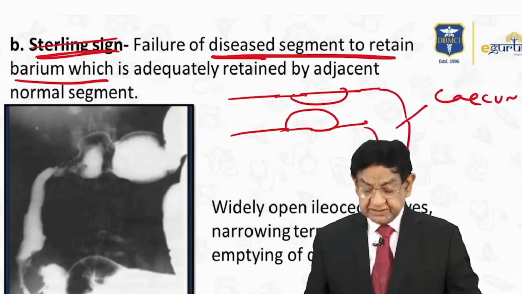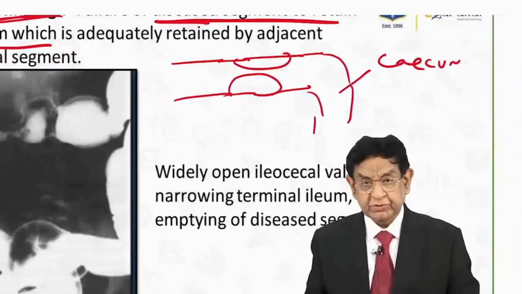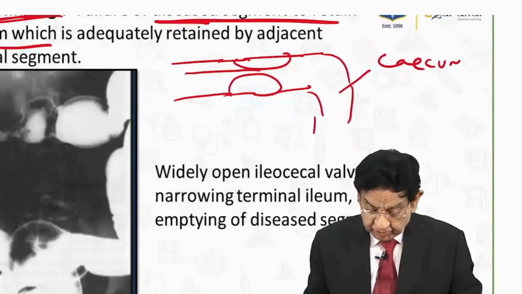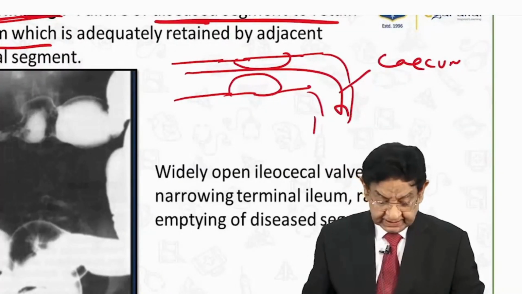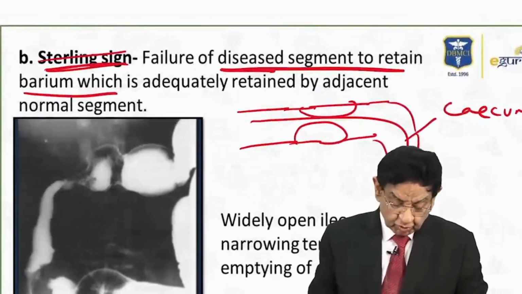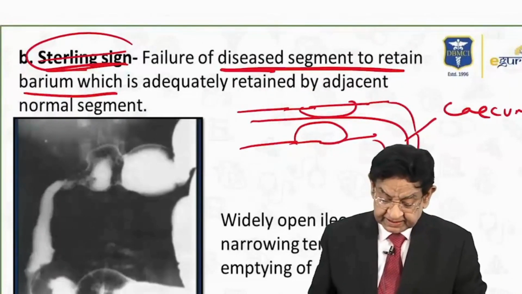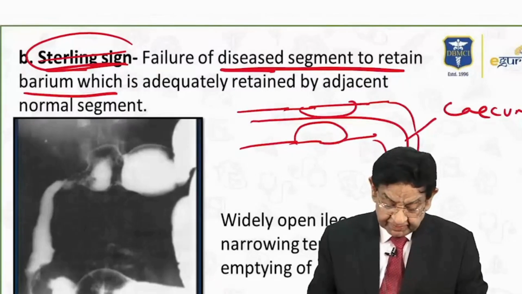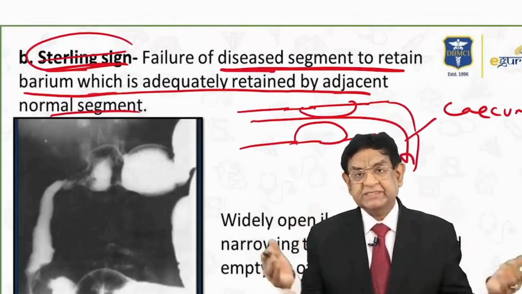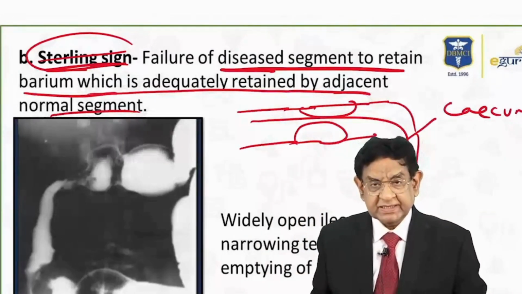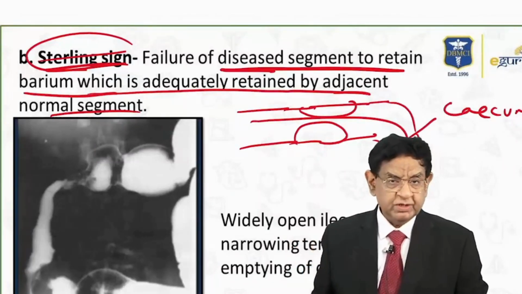Now this diseased part is not able to retain the barium, it immediately goes to the next component. So this is the so-called Sterling sign: barium which is retained by the normal segment, the diseased part doesn't contain.